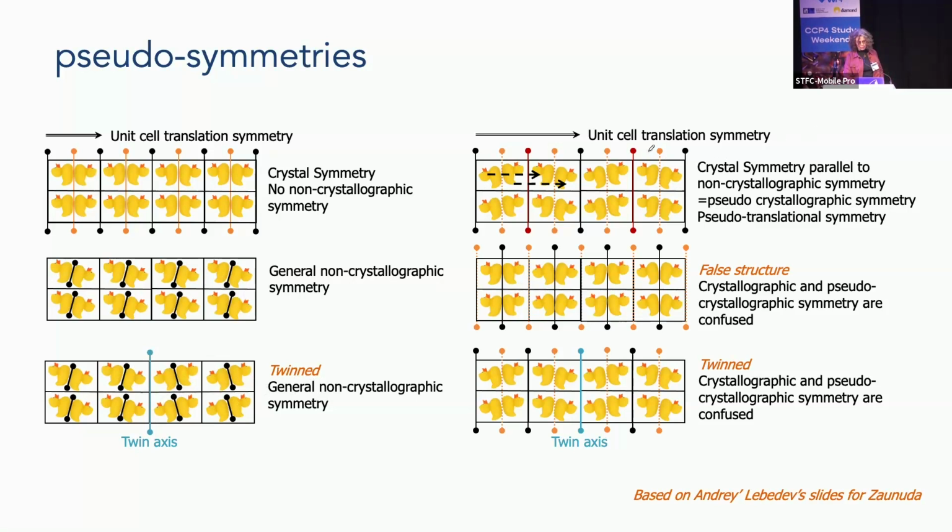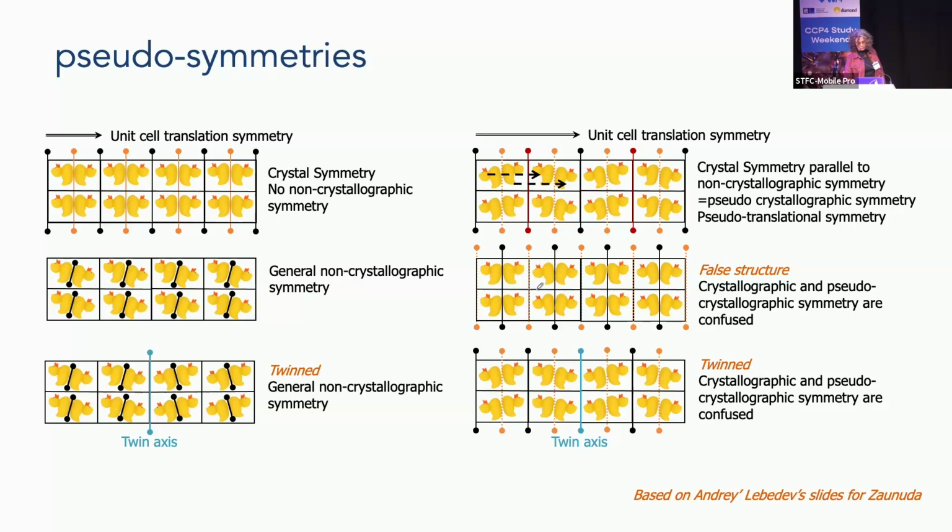When we have a pseudosymmetry that is almost parallel to a crystallographic symmetry, simply we have a larger unit cell, then we start to get these translations that I was talking about being set up within the crystal lattice. And then you can end up, when you're doing molecular replacement, with these sort of false structures. It's a bit subtle here to see, but these have got a bigger space at the tail and a bigger space at the top here.